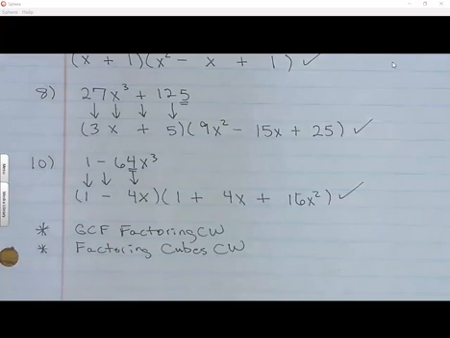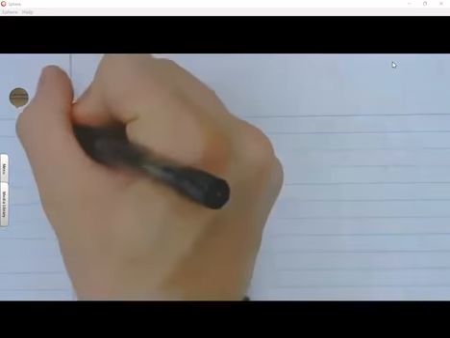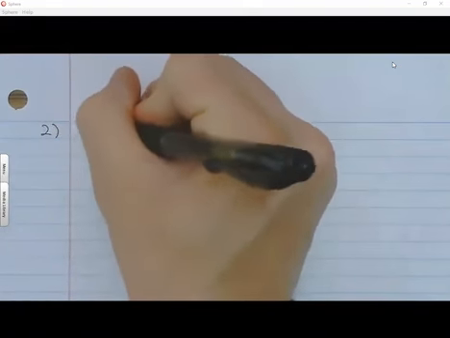Okay, let's learn how to check our answers. So let's start off with number 2. I think that was the first problem that we did, right? Number 2, we had x cubed plus 27, right?